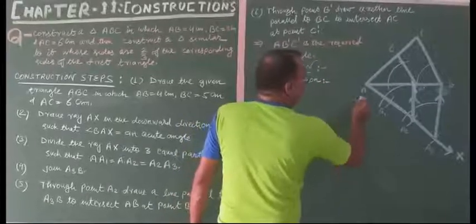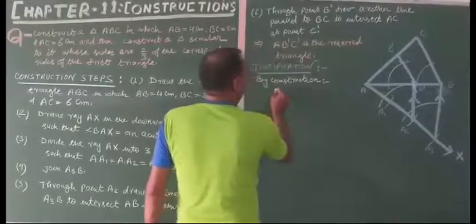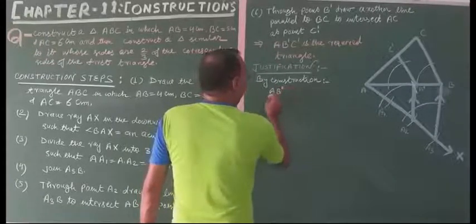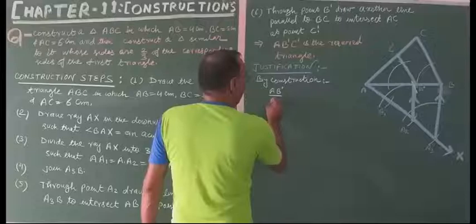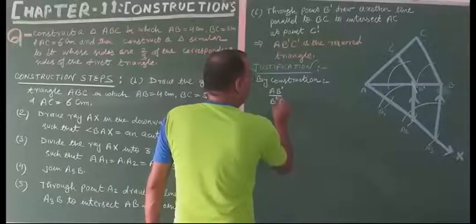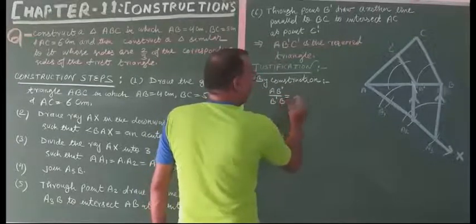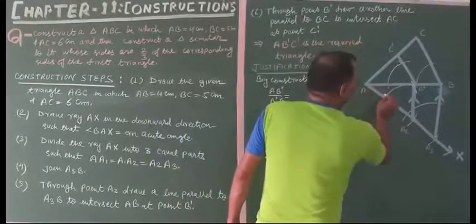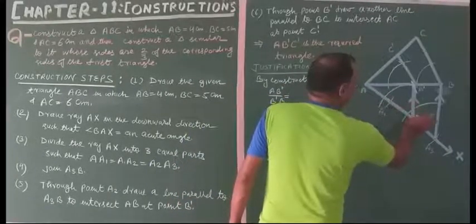What will happen? This AB dash upon B dash B. What will be their ratio? Just look here. This is 1, 2 and 1.